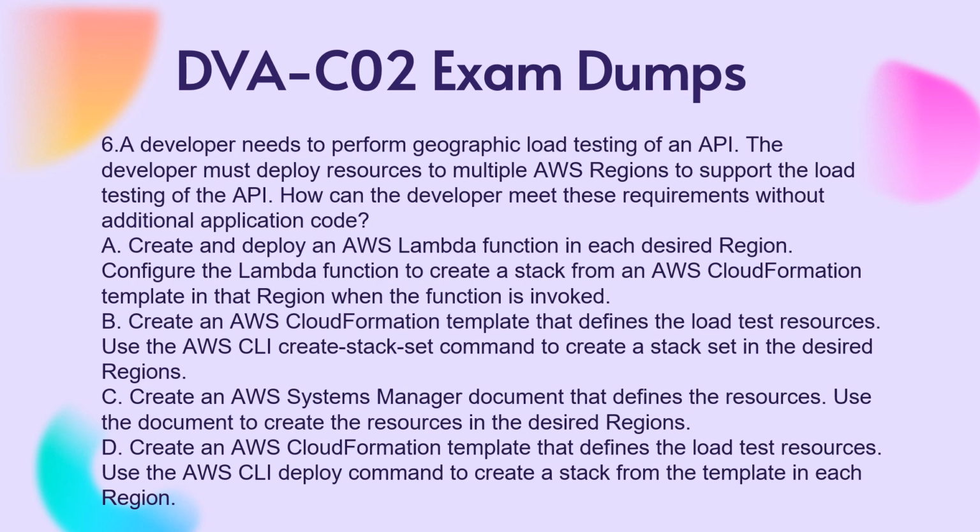C. Create an AWS Systems Manager document that defines the resources. Use the document to create the resources in the desired Regions. D. Create an AWS CloudFormation template that defines the load test resources. Use the AWS CLI deploy command to create a stack from the template in each Region.